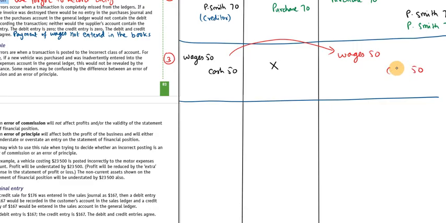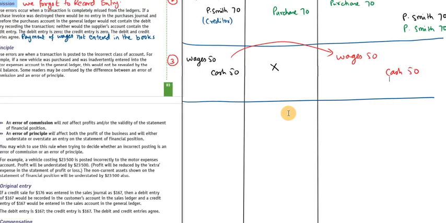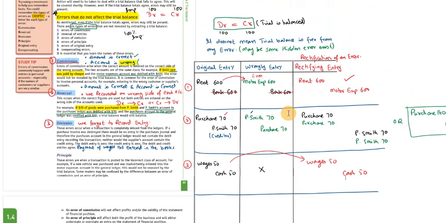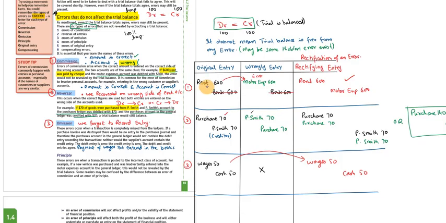Okay, students, any problem at this stage? You can ask. So these are the three errors where the trial balance is not affected. We have discussed the error of commission, the error of reversal, and then omission.